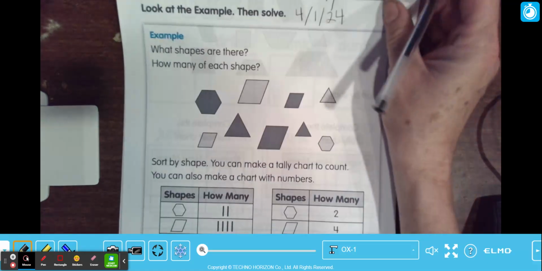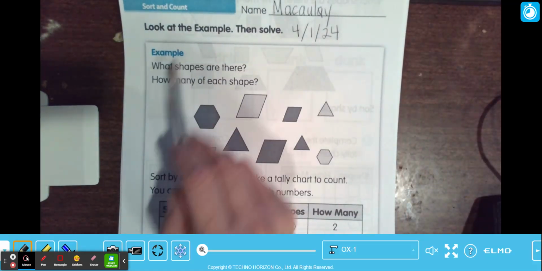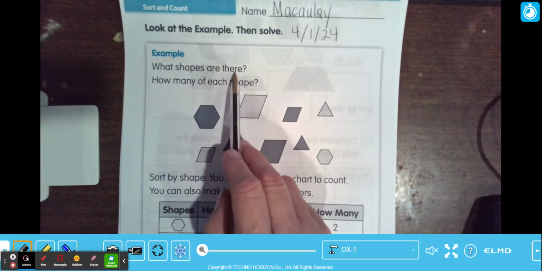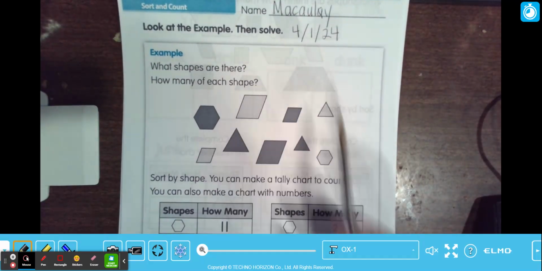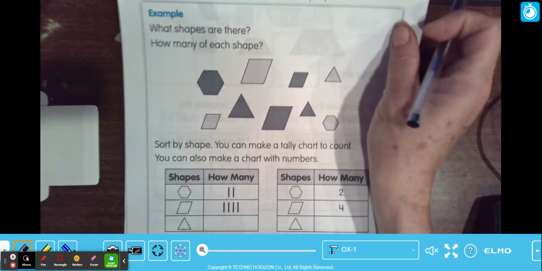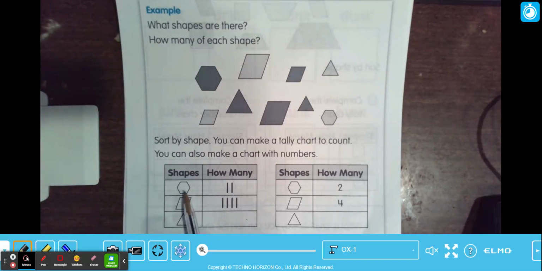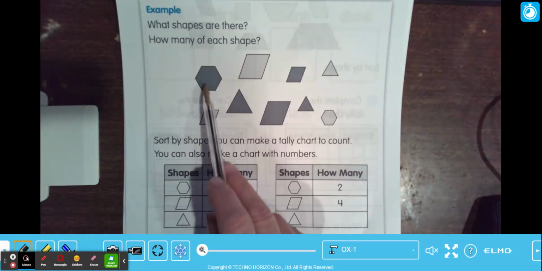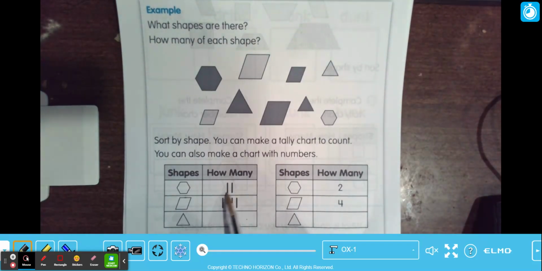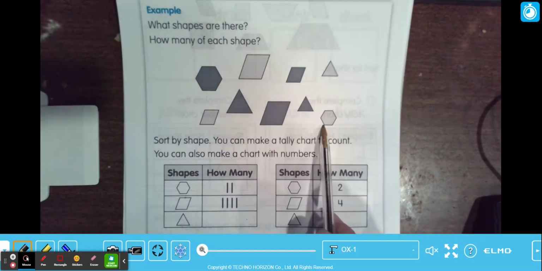Okay. So it says here, example, what shapes are there? How many of each shape? Okay, so let's see. So this shape right here is called a hexagon. How many hexagons do you see? Well, you see 1, 2. So they drew 2 lines to show these 2 hexagons.